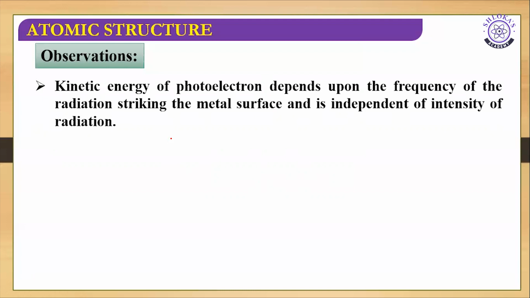Very simple. Here I am taking one metal surface. To this metal surface, I am allowing a radiation of frequency nu naught, or nu I, to strike. Let me take, for example, that this metal requires 10 hertz light frequency to emit the electrons.